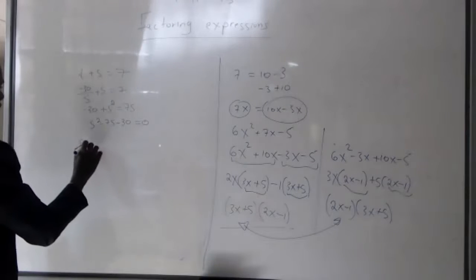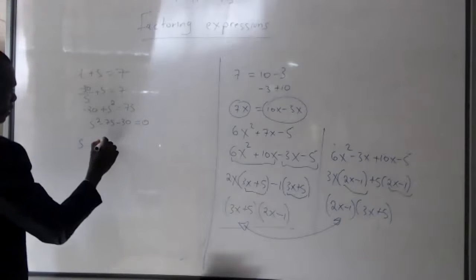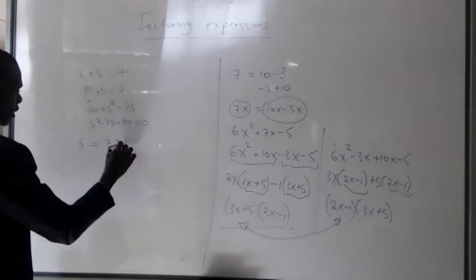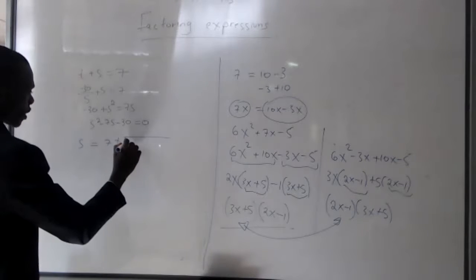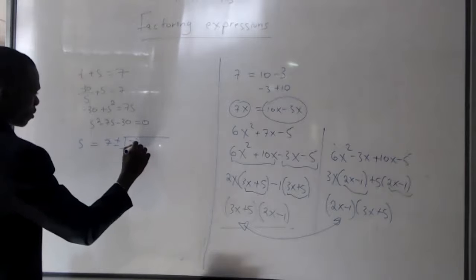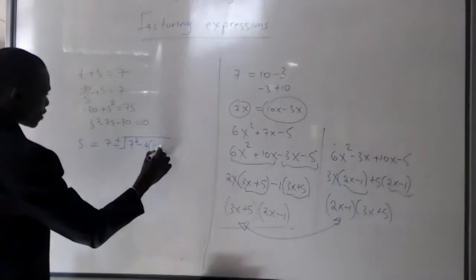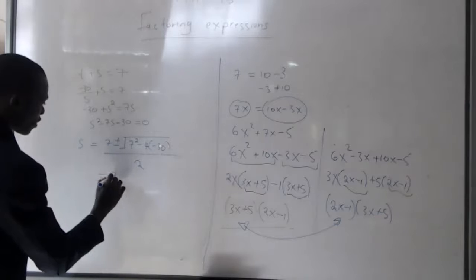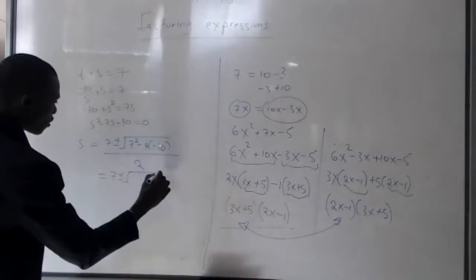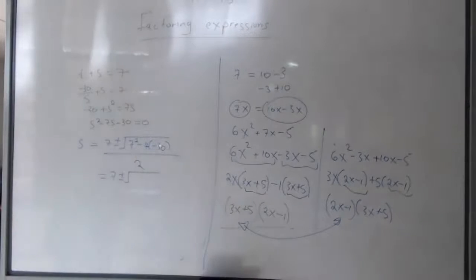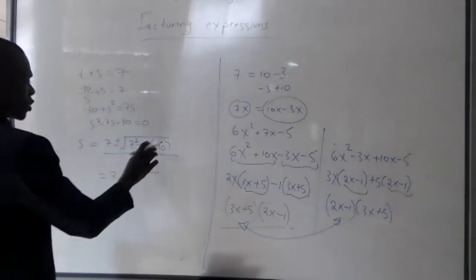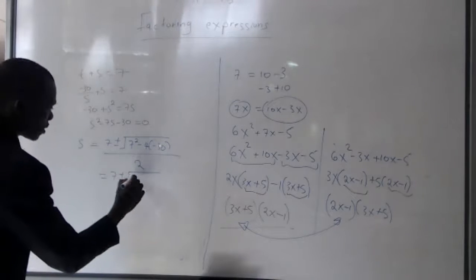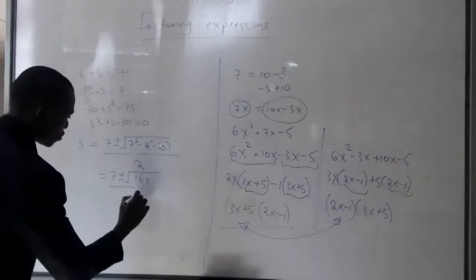Negative b, so that should be 7 plus or minus the square root of 7 squared minus 4 times negative 30, all divided by 2. Well, that is 7 plus or minus the square root of 49 plus 120, that is 169, divided by 2.